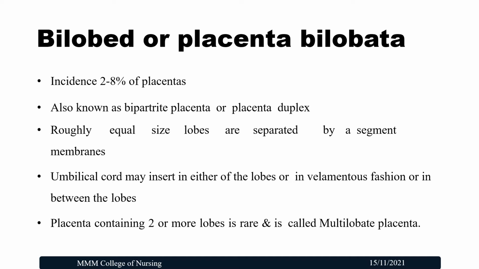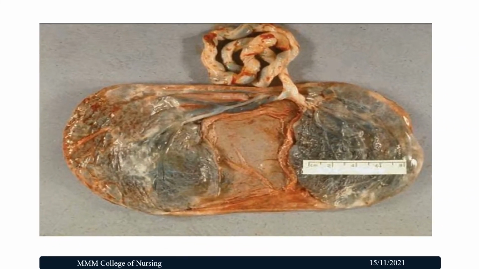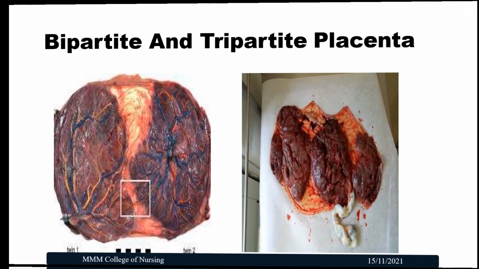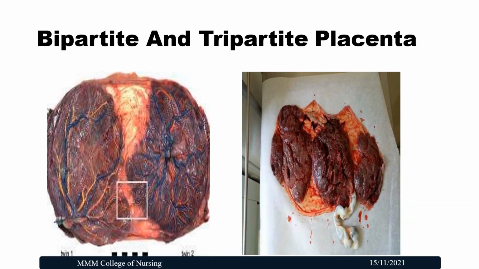A placenta containing two or more lobes is rare and is called a multilobate placenta. In this picture, you can see the bilobate placenta. Here, you can again see the bilobate or bipartite placenta and the multilobed or tripartite placenta.